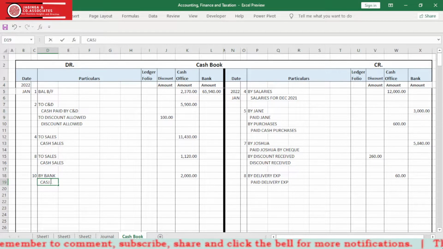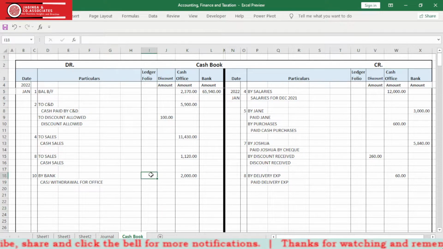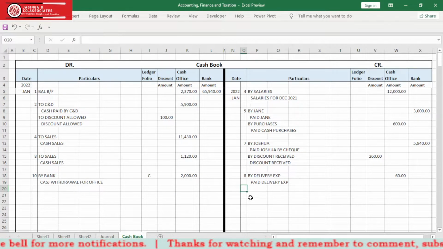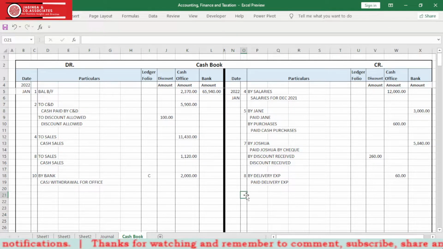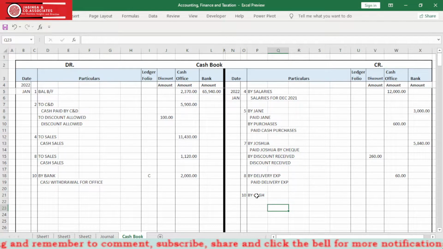So here you say cash withdrawal for office, and then we have a contra entry because cash was withdrawn from bank and then taken to office for use. So here again you also write 10th, by cash.